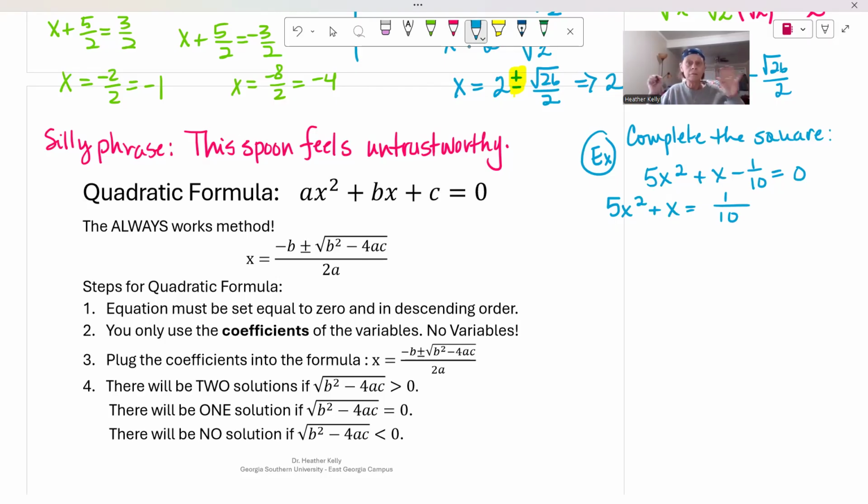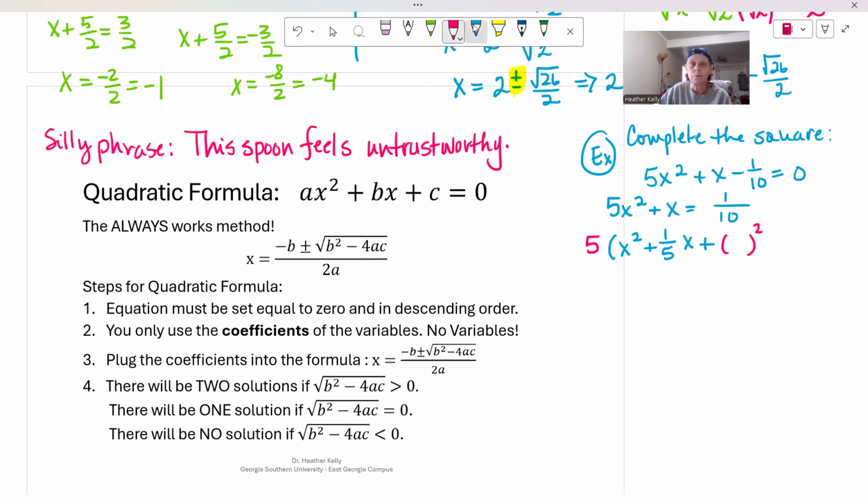You're like, but Dr. Kelly, it doesn't come out of the x. It sure does. So let's pull out this 5, and that leaves us with x squared plus 1/5 x plus a set of parentheses squared.